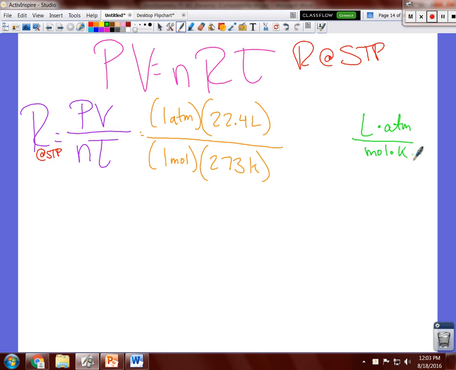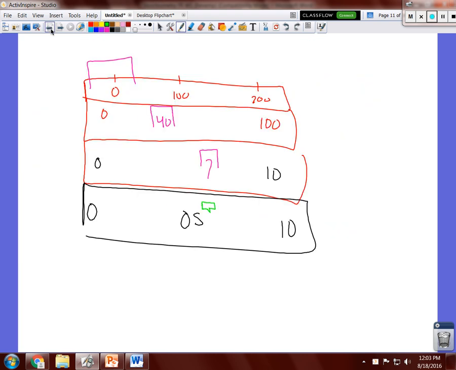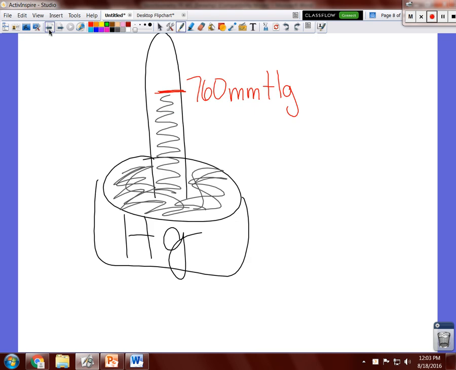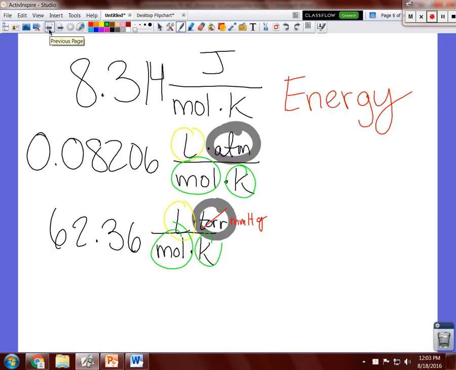Everyone do that math real quick. 22.4 divided by 273. Rounding. Does that make sense? So that's where the R's come from.